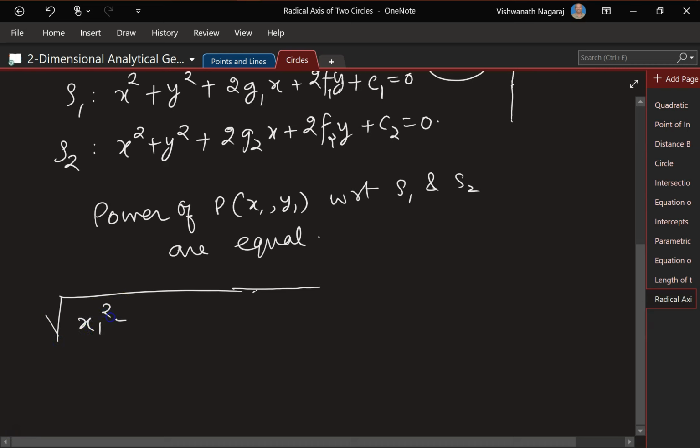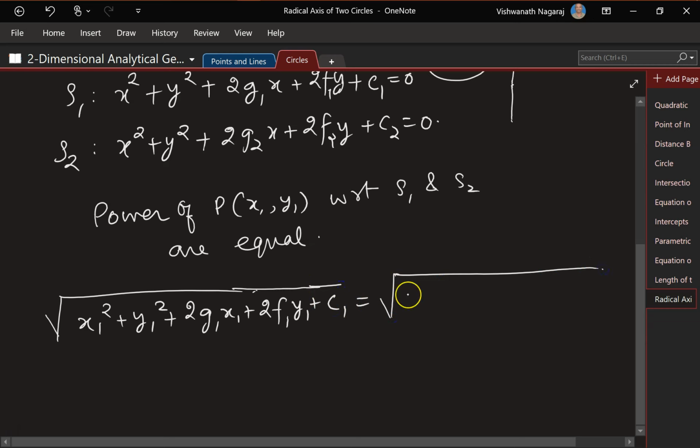So x1 square plus y1 square plus 2g1x1 plus 2f1y1 plus c1 is equal to x1 square plus y1 square plus 2g2x1 plus 2f2y1 plus c2.